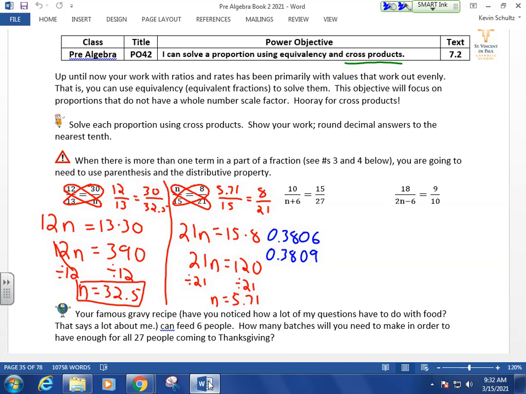When you round something, you lose a little bit of accuracy, right? 120 divided by 21 is not exactly 5.71, which means if we use this rounded value back in our original expression, it's not going to be the exact same thing as 8 divided by 21, and that's okay. Having that understanding to say, you know what, these decimals are super close, but why aren't they exact? Oh, that's right, we rounded earlier. That's going to explain it.